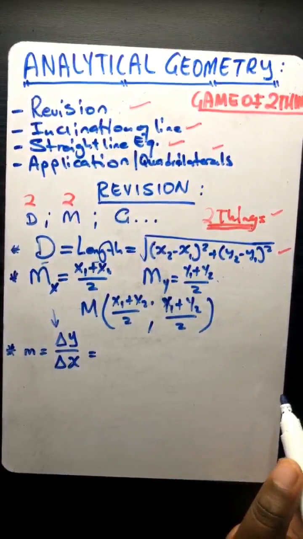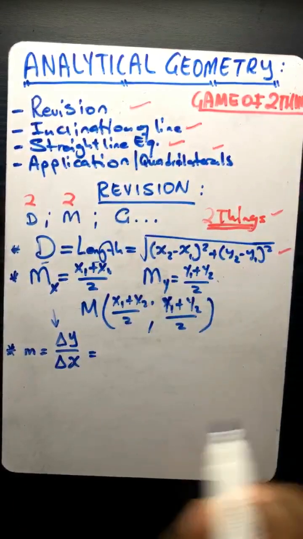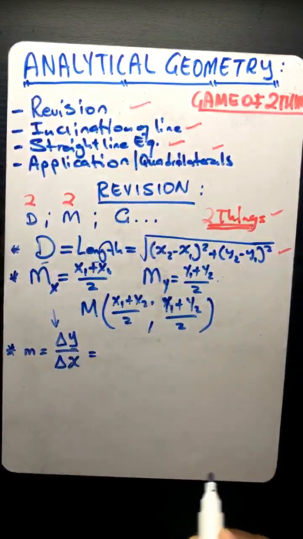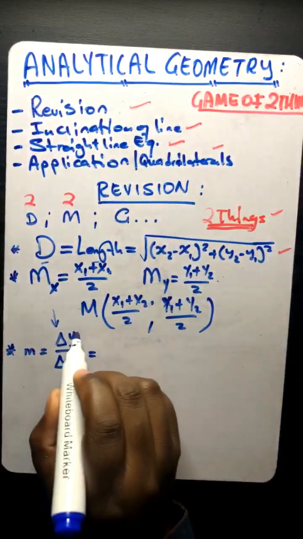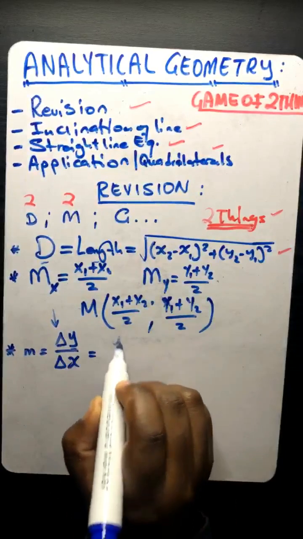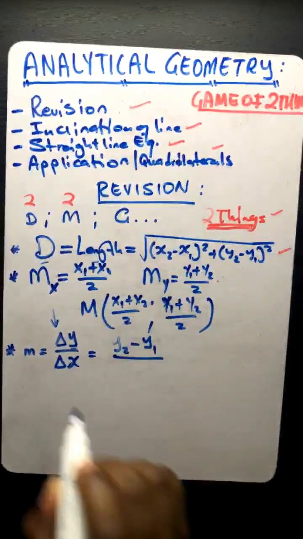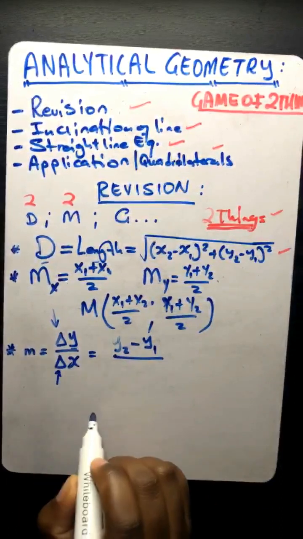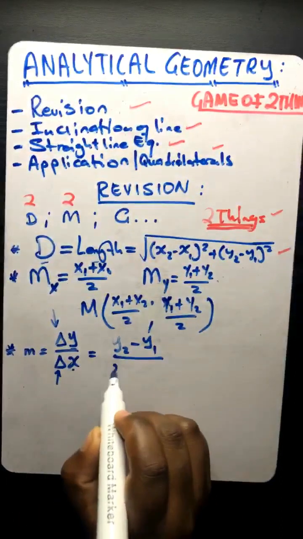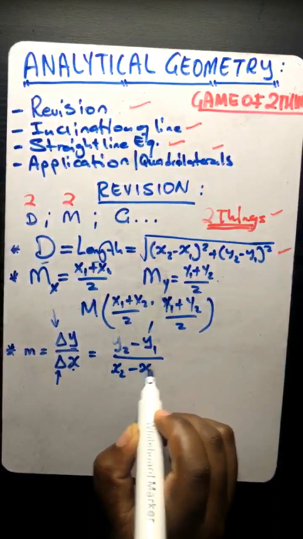So change simply means whatever you have here, the second of it minus the first of it. So since we are having y, we're going to say y2 minus y1 over the change of what? Change of x. That's why you're going to say x2 minus x1.